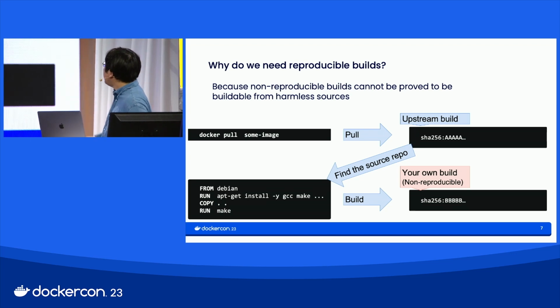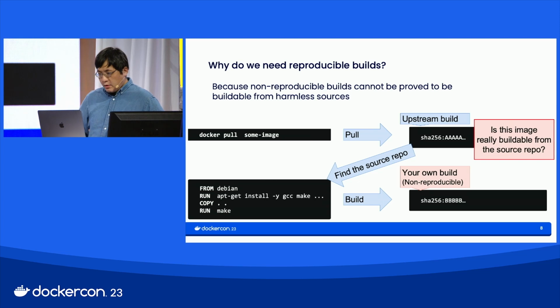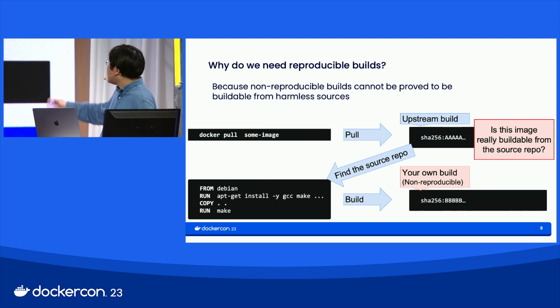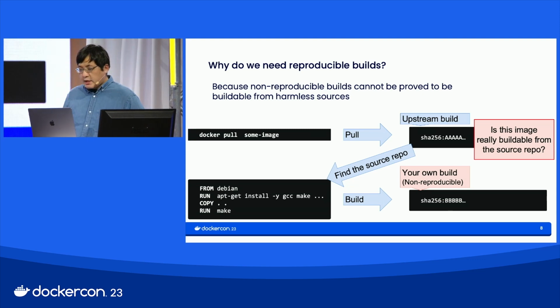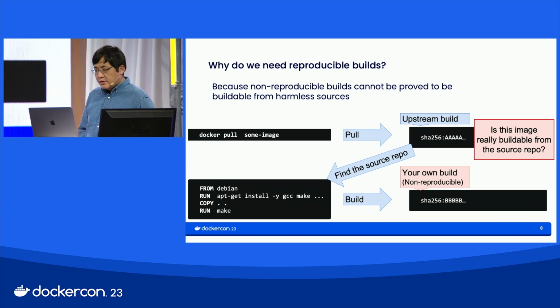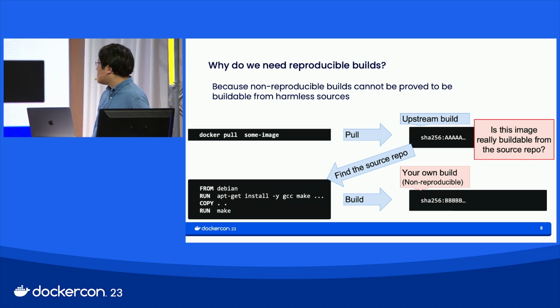So in this case, the image is not reproducible. So you can't be sure whether the upstream image AAAA was really built from the source code repo. Potentially, it was built from another source code that contains malicious code.